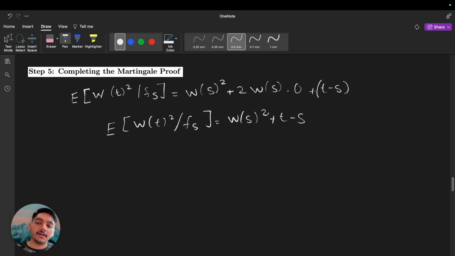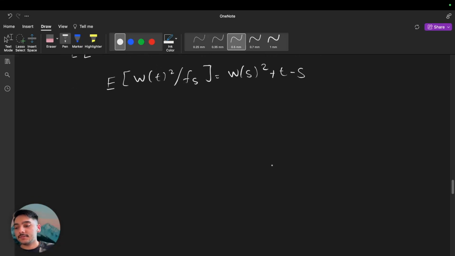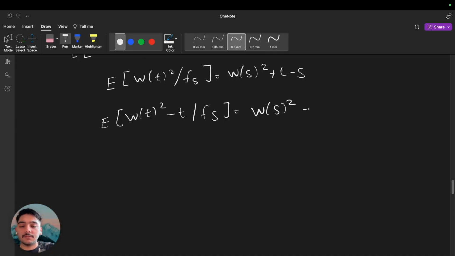So therefore our original martingale expression becomes: the expectation of Wt² − t given Fs is equal to Ws² + t − s − t, which simplifies to Ws² − s.